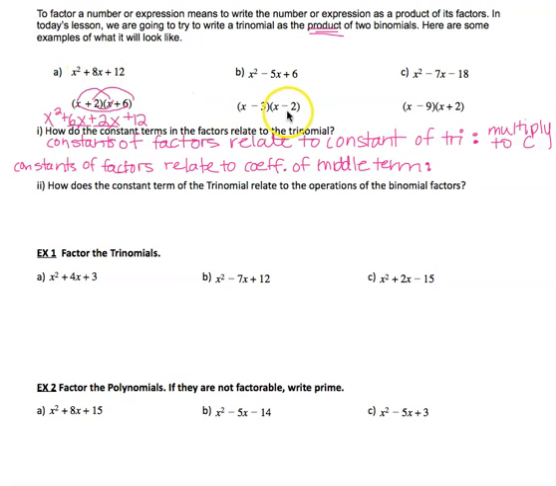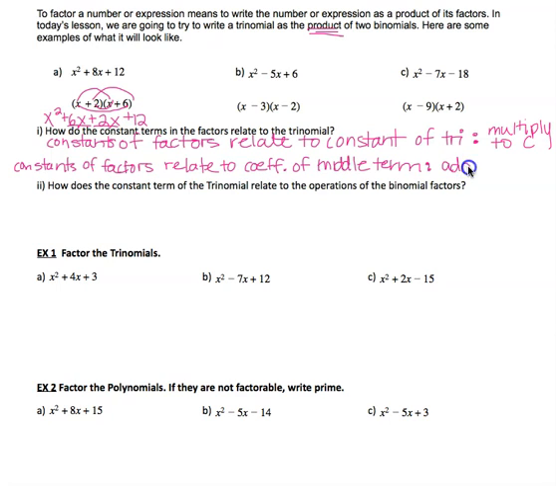How do -3 and -2 relate to -5? And is that the same as how -9 and +2 relate to -7? So look at all those numbers and see, how do these factors relate to my b, to my coefficient in the middle?